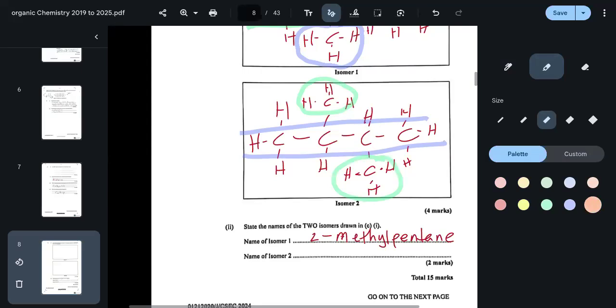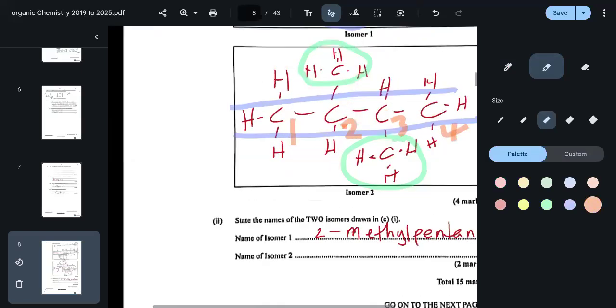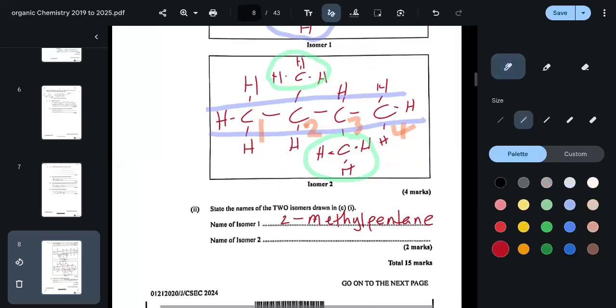This is carbon 1, carbon 2, carbon 3, carbon 4. So 4 is butane. So this one would be butane. And then we have a methyl group, so it's methyl butane.